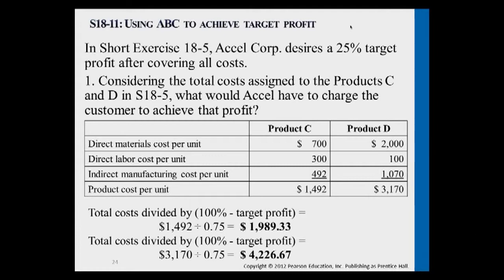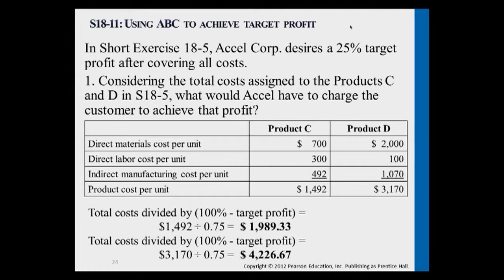I have a question. If we're trying to get 25%, how come if you do 25% of 1492, you don't get the same answer as dividing it by 75%?